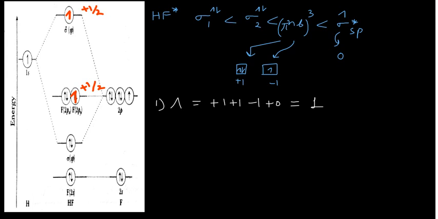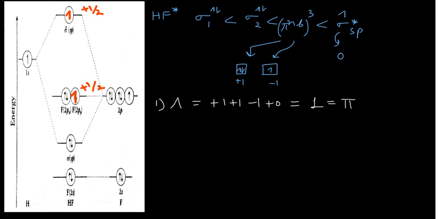So how has it happened? You see, plus 1 I have put for this electron, then next plus 1 I have put for this electron, because both are having the plus 1, this pi orbital is having the plus 1 value, and this one is having the minus 1, and this is the 0. This will give you the value of 1. And you know, when your lambda is 1, simply you will have your pi symbol.